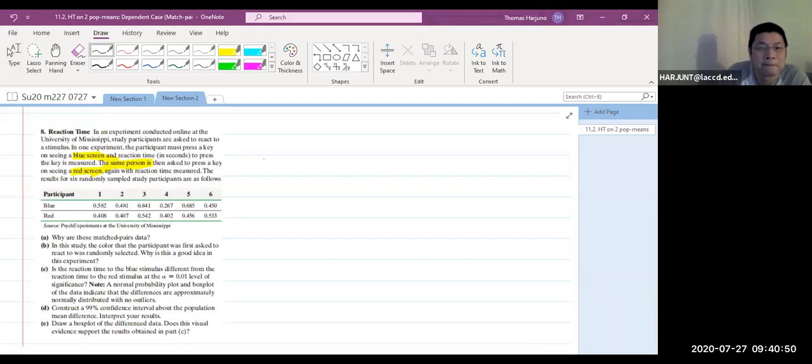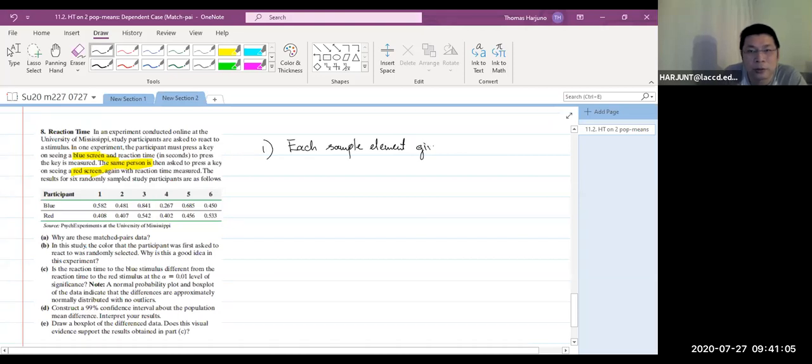Okay, each sample element gives two results. I think I should say gives one result for each treatment. One result for each of two treatments.